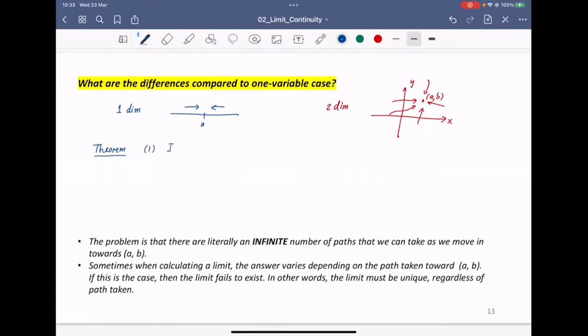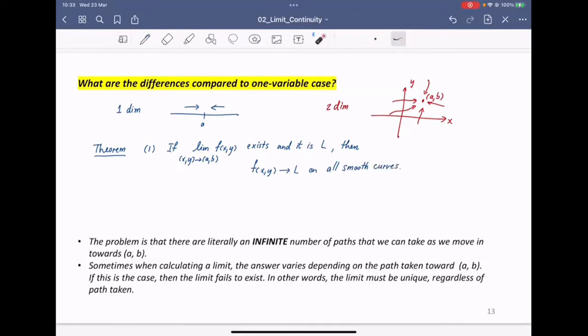Theorem number one is: if you know that the limit of f(x,y) as (x,y) goes to (a,b) exists, and it is L, then f(x,y) goes to L along all smooth curves.